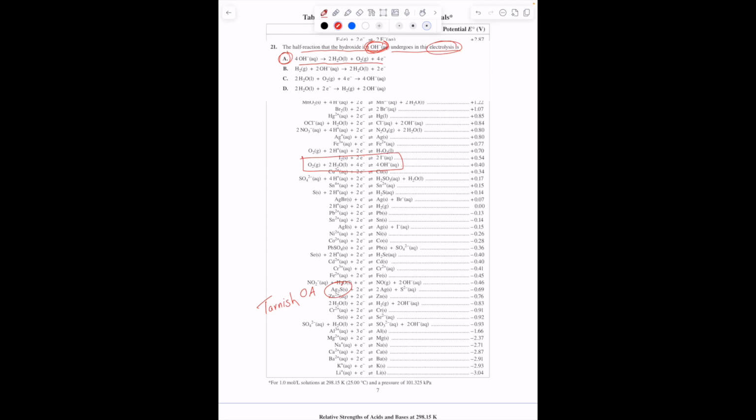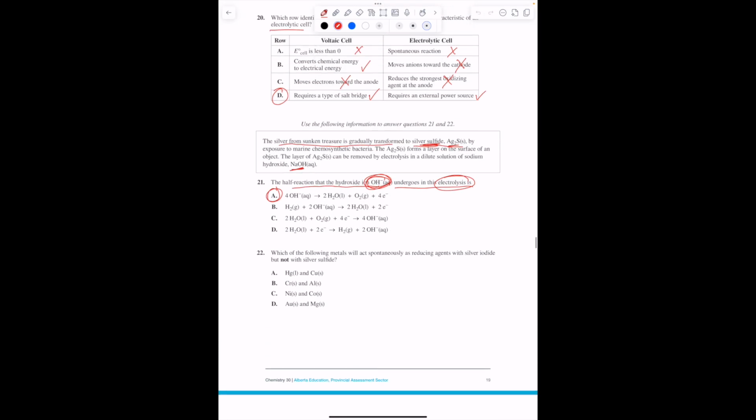Okay, let's go look at the next one. 22. Which of the metals will act spontaneously as reducing agents with silver iodide, but not with silver sulfide? Those kinds of questions require us to look at the data book, and I'm going to use my new skill.